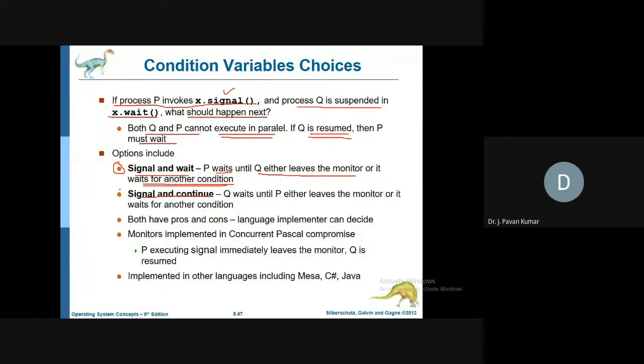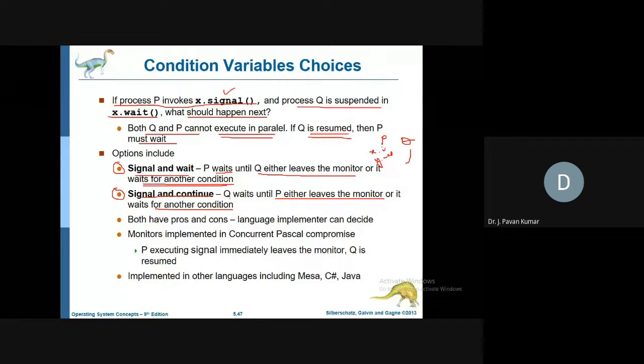Next, another option is signal and continue. In the sense, P will give signal, x.signal invoked by P, but Q will be waiting until P leaves the monitor, or Q will be waiting for another condition. Consider we have two processes P and Q, and P is waiting on x.wait, and is also waiting on y.wait as well.